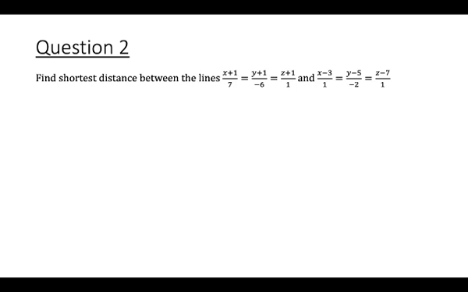Question number 2. Find shortest distance between the lines (x plus 1) upon 7 equal to (y plus 1) upon minus 6 equal to (z plus 1) upon 1 and (x minus 3) upon 1 equal to (y minus 5) upon minus 2 equal to (z minus 7) upon 1.